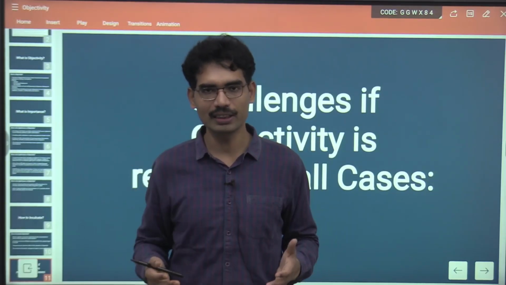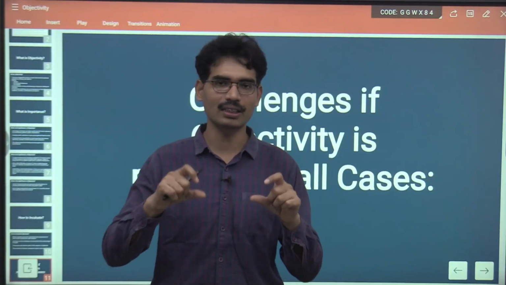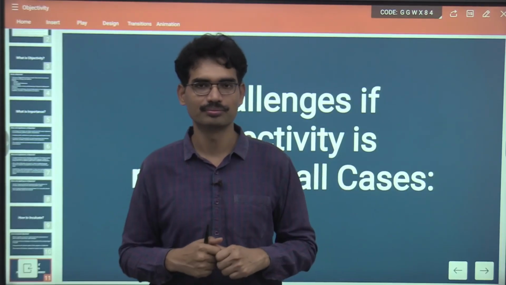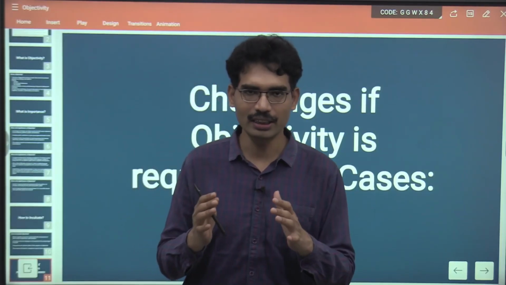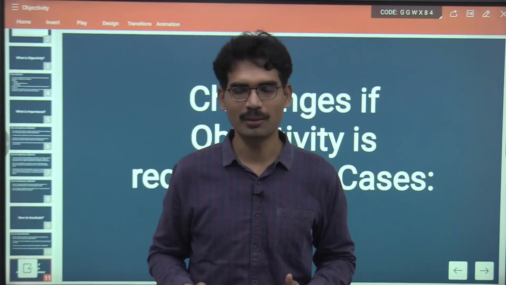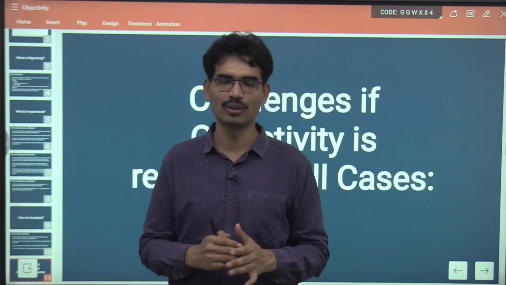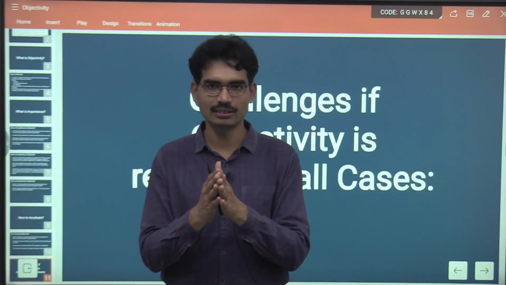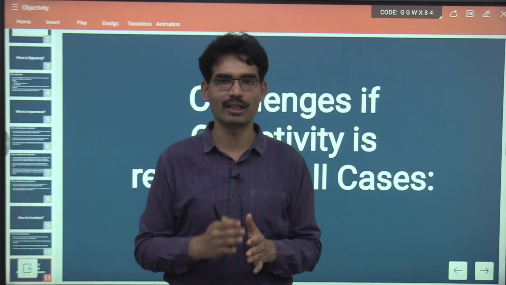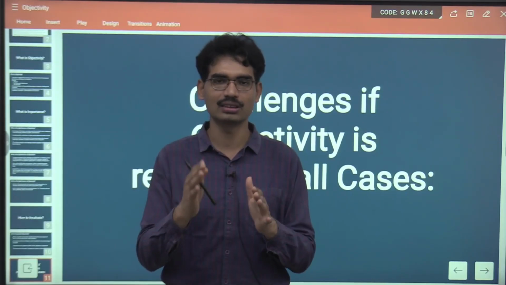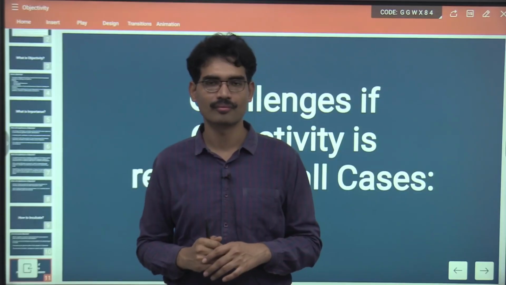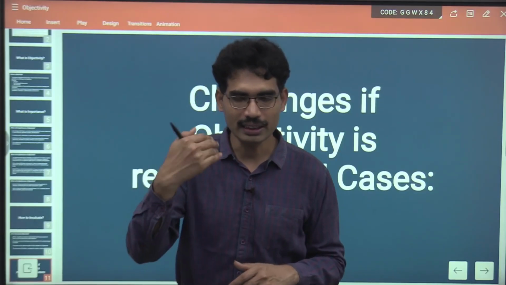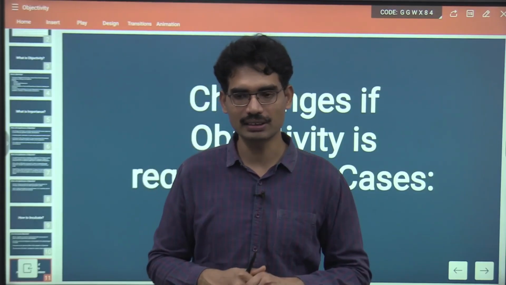After difficulty, they got the ration card, but Aadhaar card is not yet linked. If Aadhaar card is not linked, according to the rules, objectivity means purely based on the rule. If both ration card and Aadhaar card are linked, then rations will be given. Otherwise, objectivity means rations will not be given. Then sometimes it is creating certain challenges in the society.